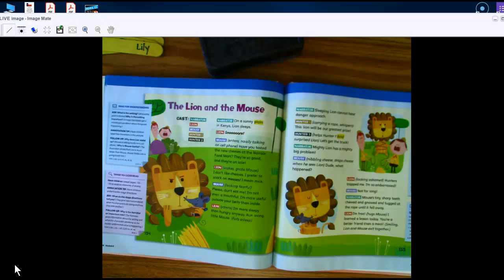Okay, I'm the narrator. On a sunny plain in Kenya, Lion sleeps. Mouse enters noisily talking on the cell phone.